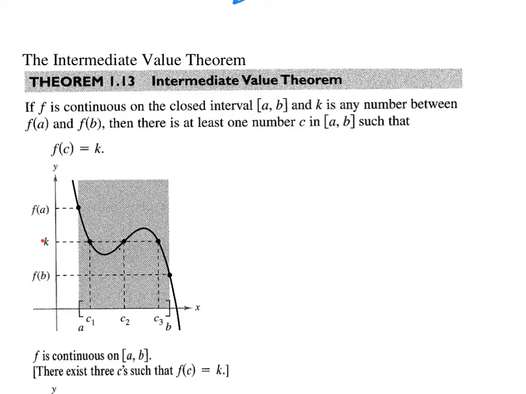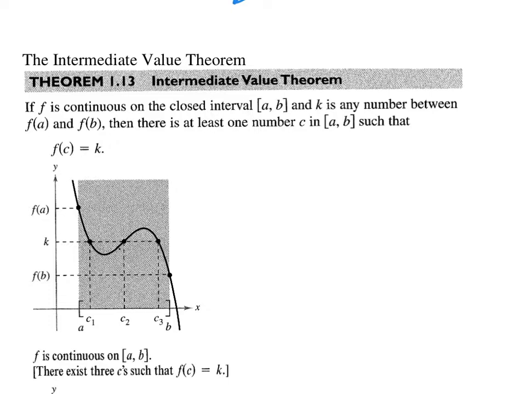And we know that there will be at least one place in this interval from a to b where when we evaluate the function, we'll hit k. Now, in this case, there happens to be 3 different instances. Notice here, our intermediate value theorem does not tell us how many times.